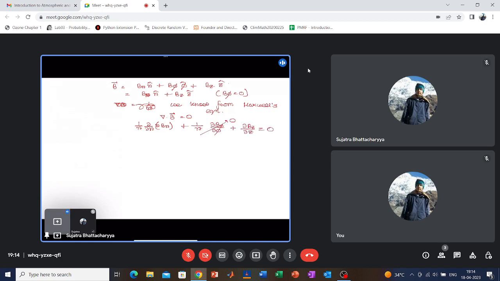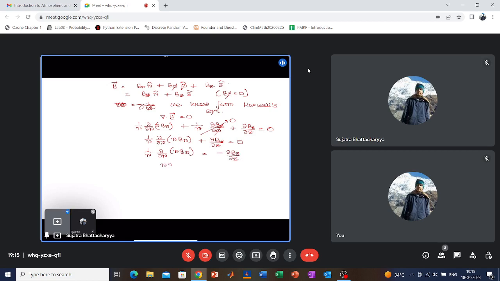But B_phi is also 0. Therefore, we get 1 by R delta by delta R of R B_R plus delta B_Z by delta Z equal to 0. Correct? Now 1 by R delta by delta R of R B_R will be equal to minus delta B_Z by delta Z.